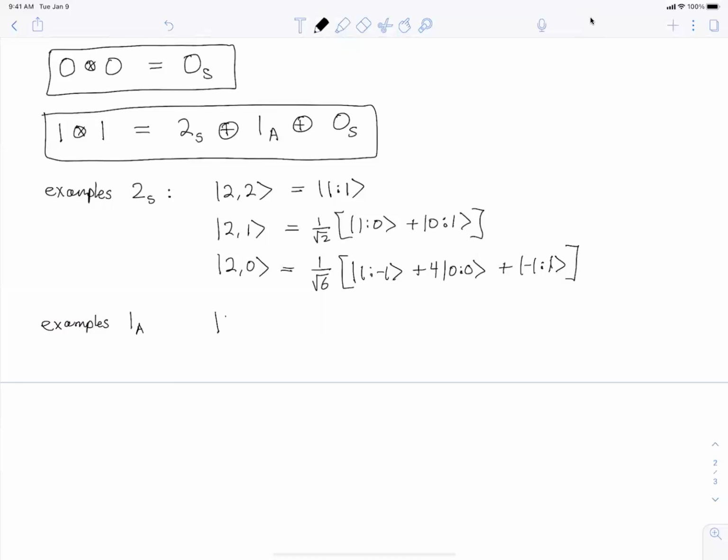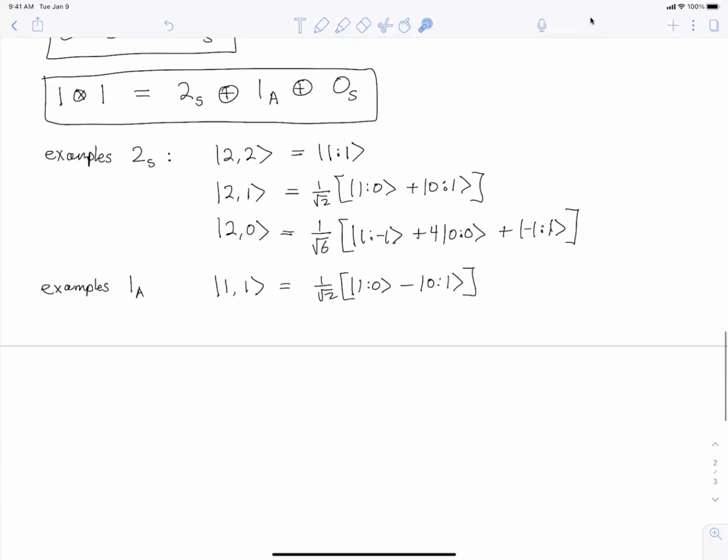So they have total angular momentum 1, and then m value 1, and it turns out this is 1 over square root of 2, 1, 0, minus 0, 1. The minus sign is there because when we interchange the m values, we have to get back the same thing anti-symmetrically. So it has to be the opposite sign. And then the 1, 0 state turns out to be 1 over the square root of 2, 1, minus 1, minus minus 1, 1.